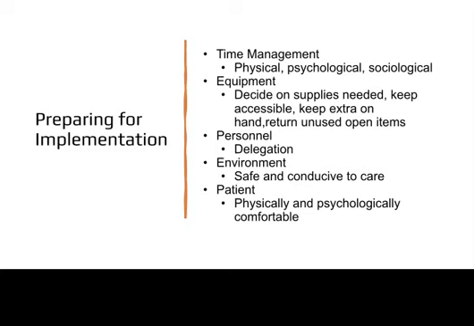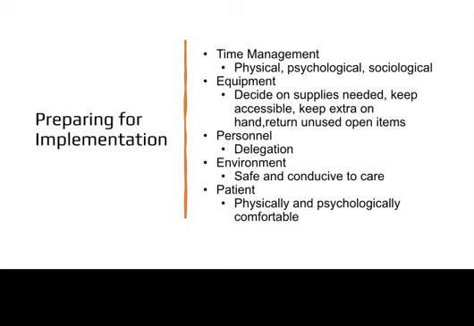Then the environment. Make sure the environment is safe and conducive to care. The environment influences the ability of the nurse to deliver interventions and the ability of the patients to heal and recover. Patient safety is your first concern. So if a patient has sensory deficits, physical disabilities, or an alteration in the level of consciousness, it is especially important to arrange an environment to prevent injuries.